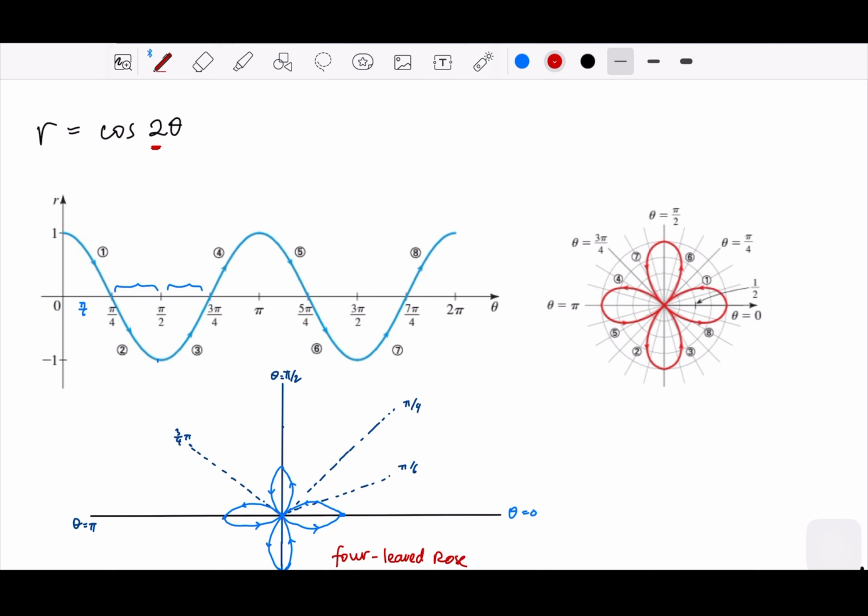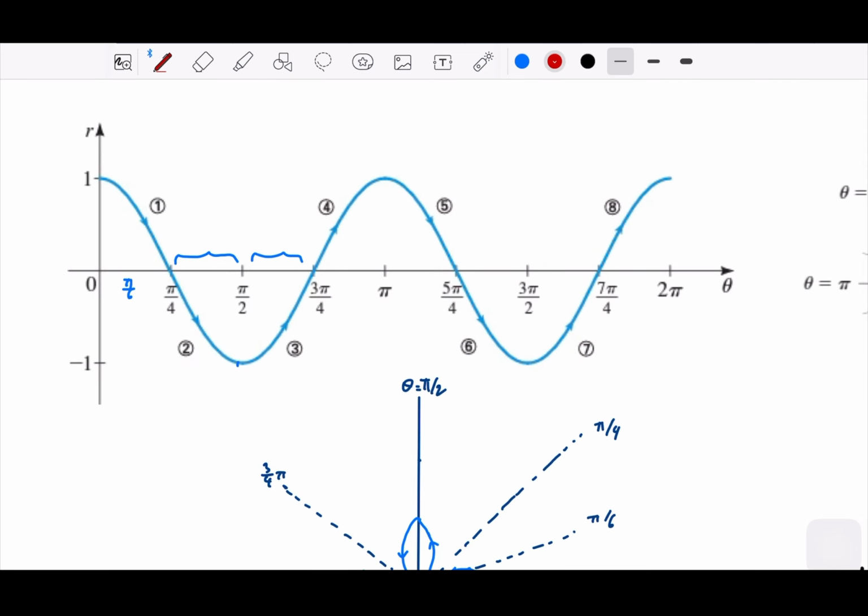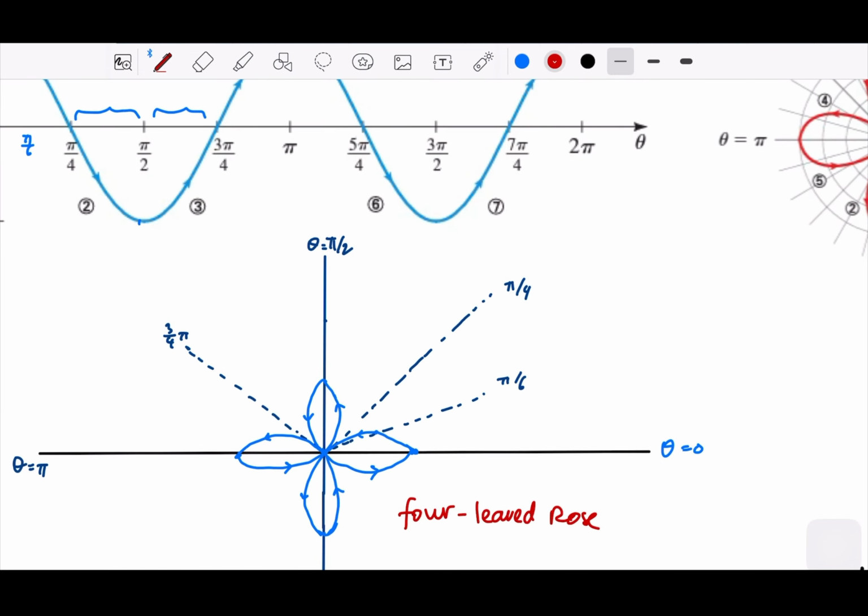So I hope you understand, especially when we have the negative part here, it goes to the opposite side when we sketch the curve. It seems a little bit complicated when you draw, putting in the polar axis and polar grids and seeing how it moves. It seems like a complicated process, but in the end we'll see that all the polar curves have a pattern.